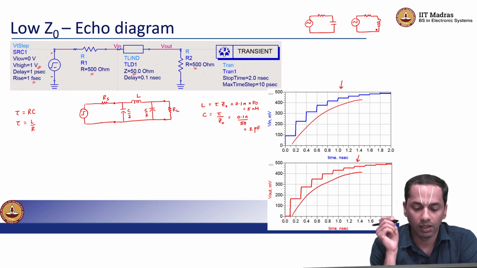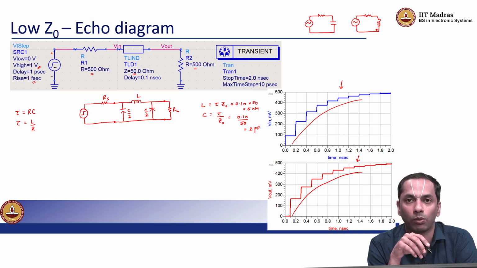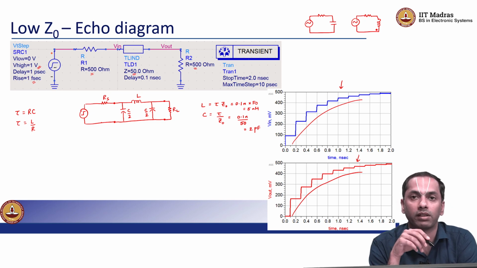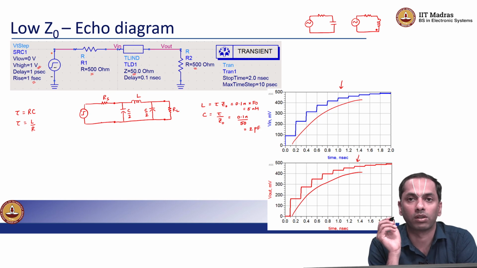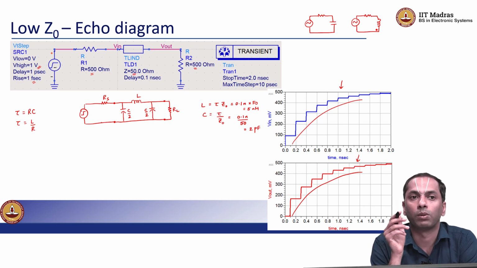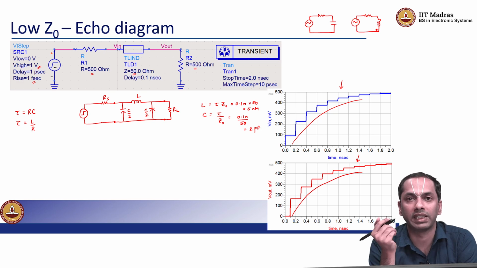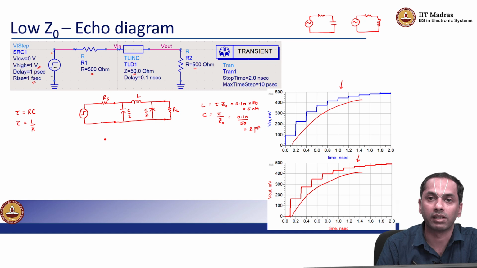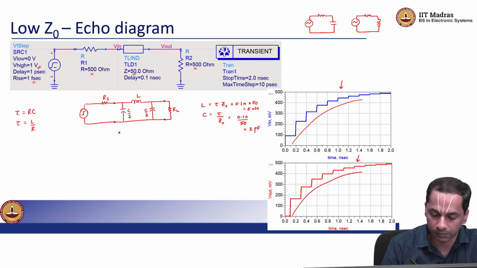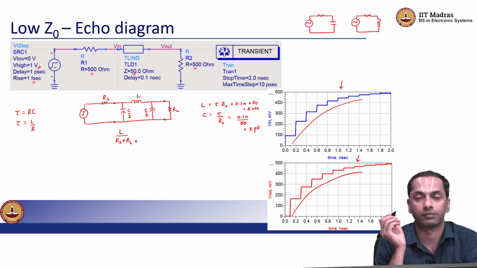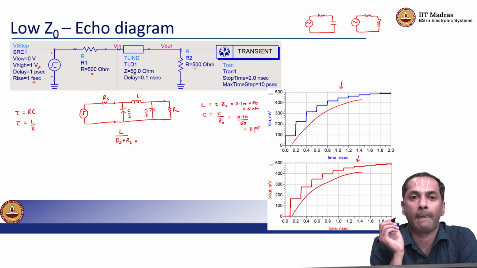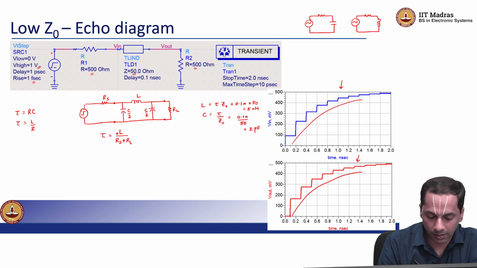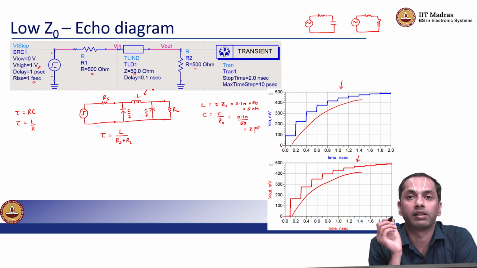However, we don't quite have a situation where there's only one inductor and one resistor, or one capacitor and one resistor, but there are some shortcuts to find out the net resistance seen by any inductor or capacitor. So, in this kind of situation, I can say that the time constant for charging the inductor L in this kind of pi model is L divided by Rs plus RL, because to this inductor, Rs and RL are in series.